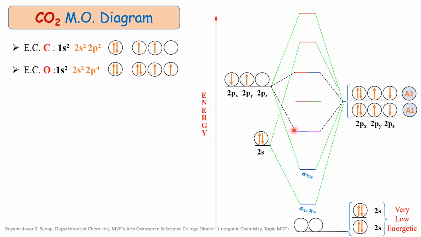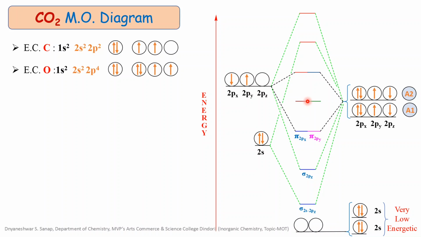Next, when the 2px or 2py atomic orbitals of the carbon atom combine with the 2px or 2py atomic orbitals of each oxygen atom, it results in the formation of pi 2px and pi 2py bonding molecular orbitals. These two bonding molecular orbitals are degenerate in energy.